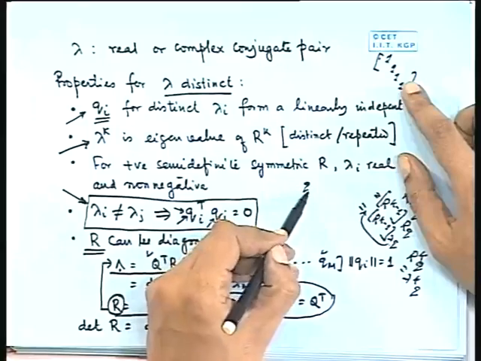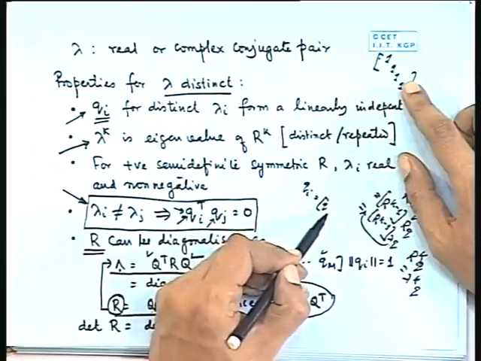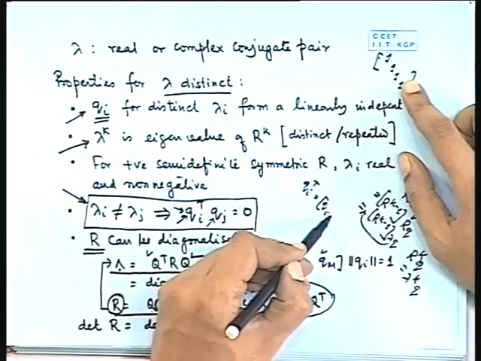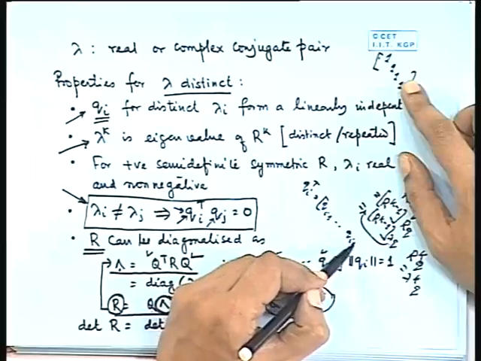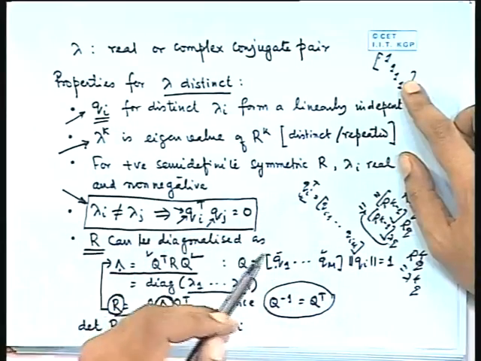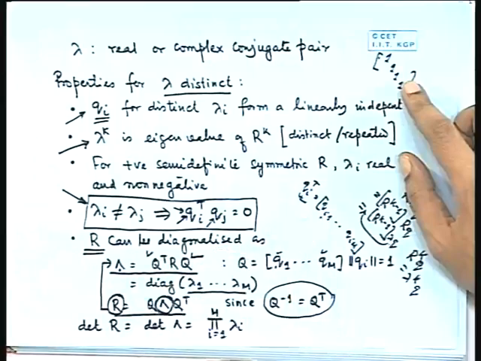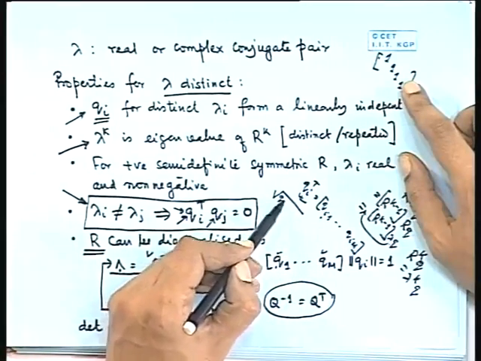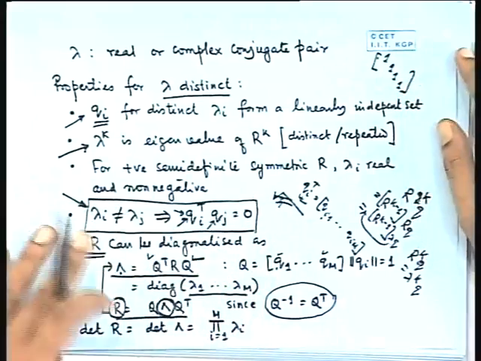qi is a vector, it has m components. You choose them such that the square root of qi1 square plus up to qim square, the elements of this vector, which are numbers, is 1.